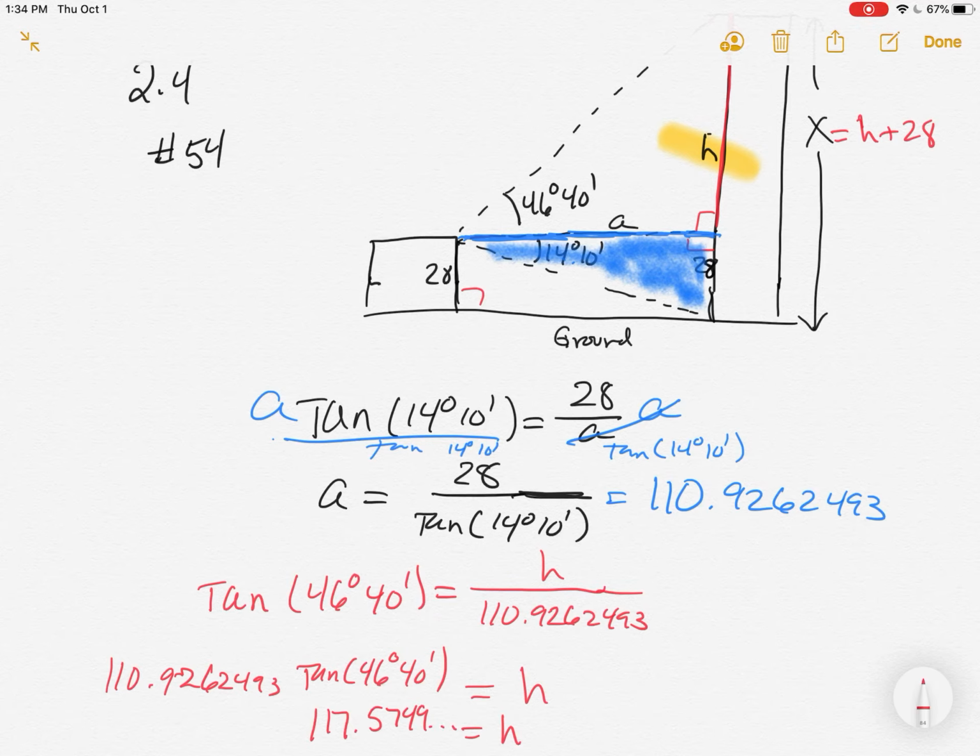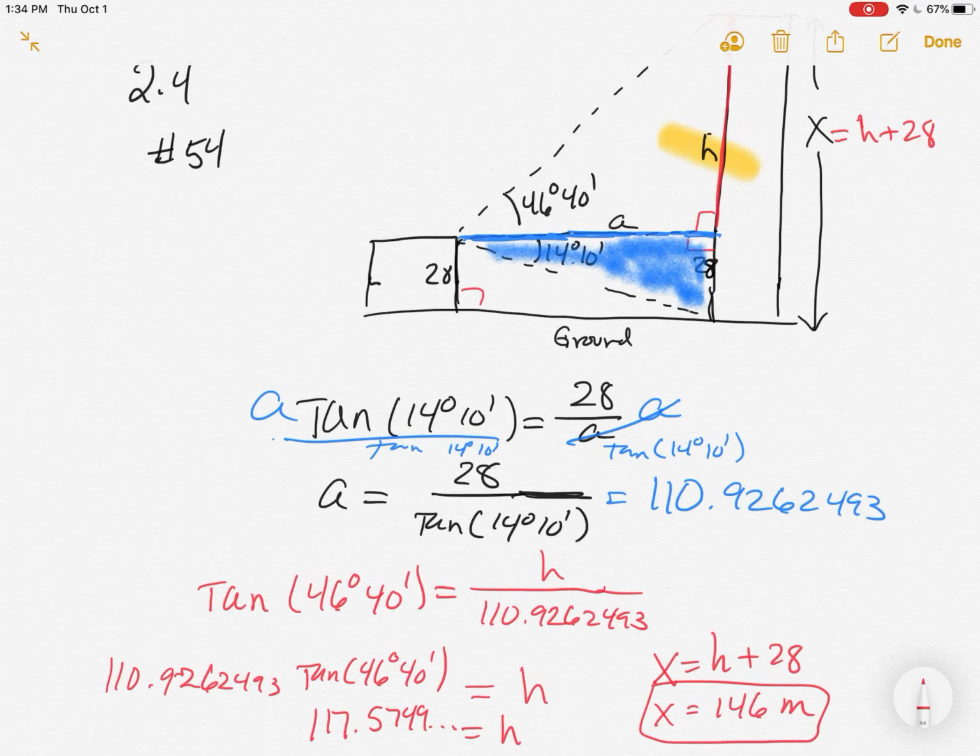Now that won't match the answer in the back of the book, because in order to figure out the height of that building, I got to take this number, the h, and add to it the 28 that goes to the ground. If I add 28 to that number, I get exactly what they have in the book, 145.5. They're writing 146 meters. It works just perfectly.